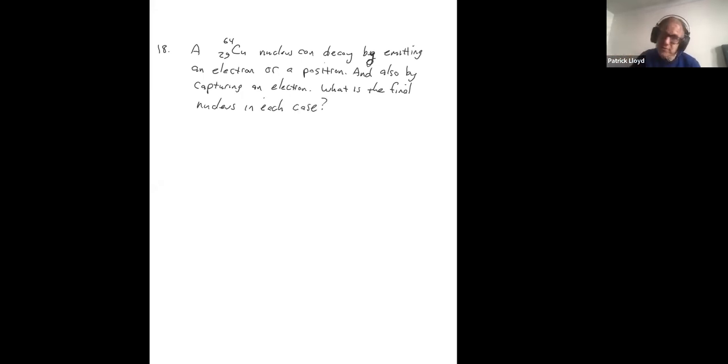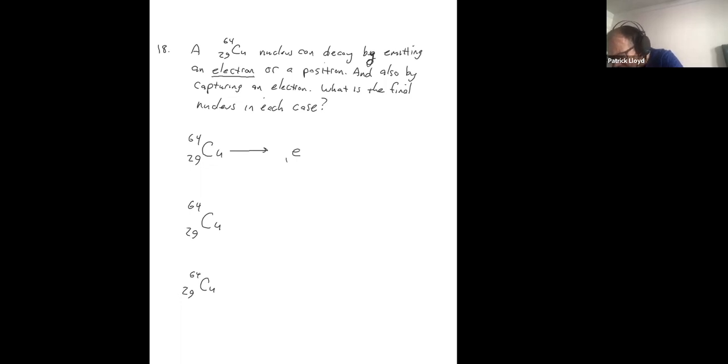So we're actually going to have 3 reactions. Each of them are going to start off with the copper 64. Okay. It can decay by emitting. That means it's producing an electron. Remember, the electron is -1, 0. It can also decay by producing a positron.